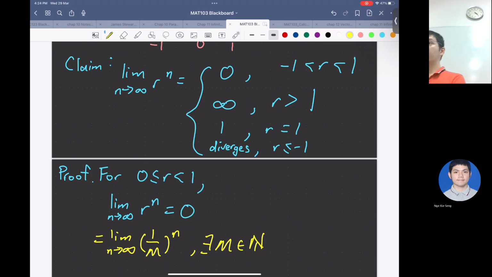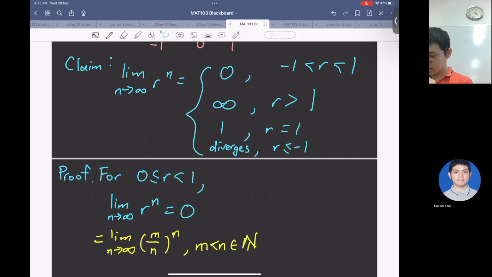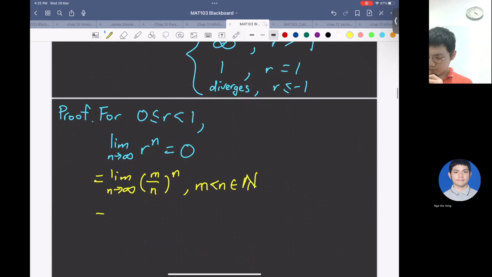Everything between 0 and 1, not 0, we can write as some fraction, not 1 over m, maybe m over n, such that m is less than n. And this converges to 0. Is it what you learned in calculus 101? If you keep taking powers of a number between 0 and 1, assume this is learned in a previous course, this should be 0.